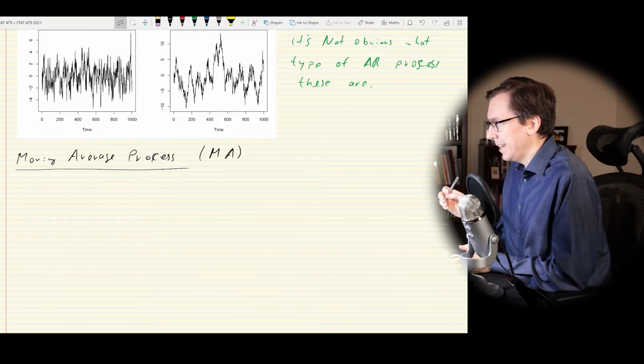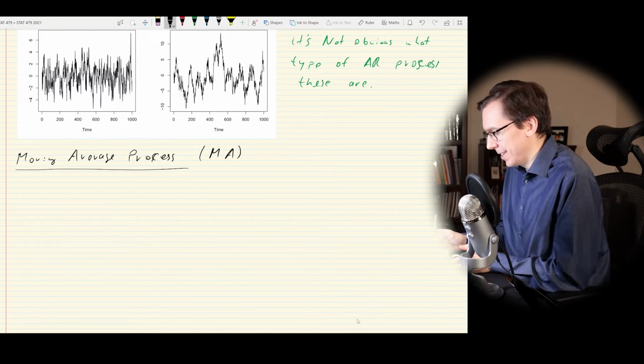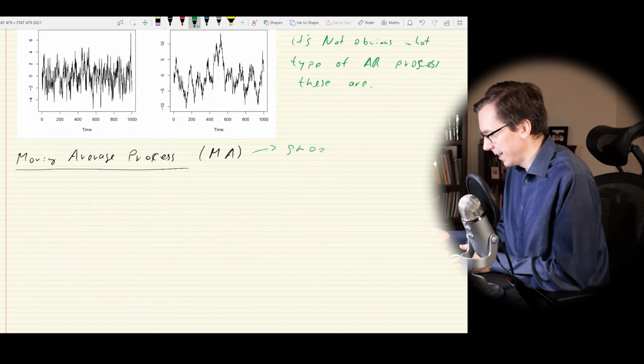So in a mathematical sense, what we'll say off to the side here is this is a smoothing of white noise.